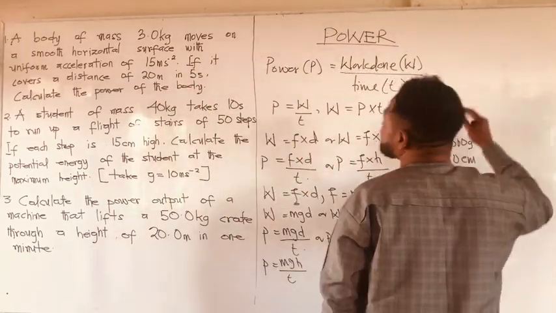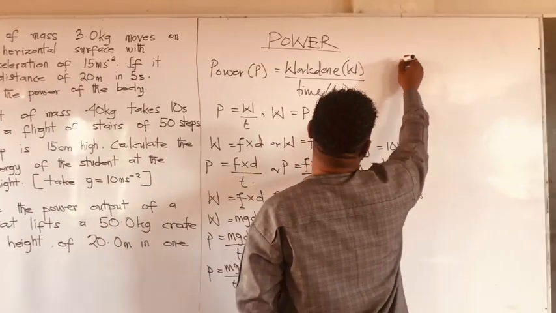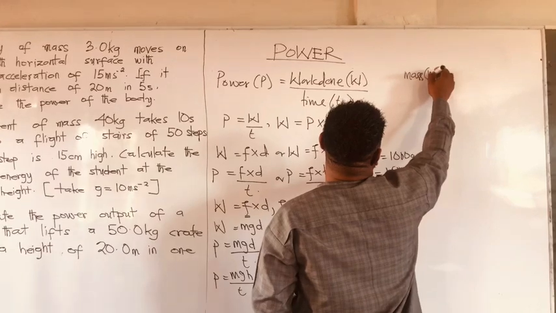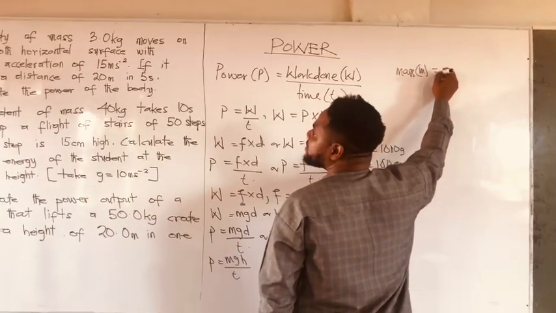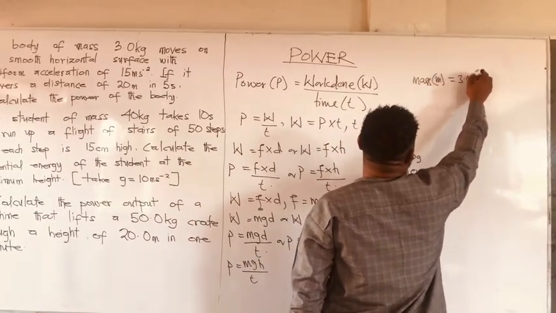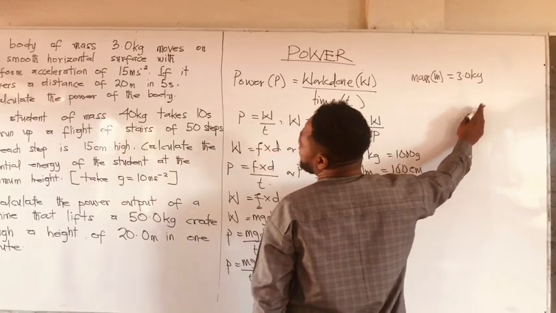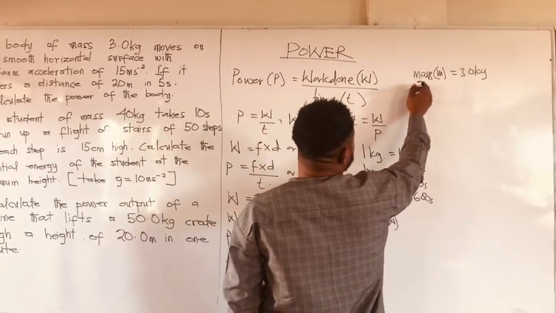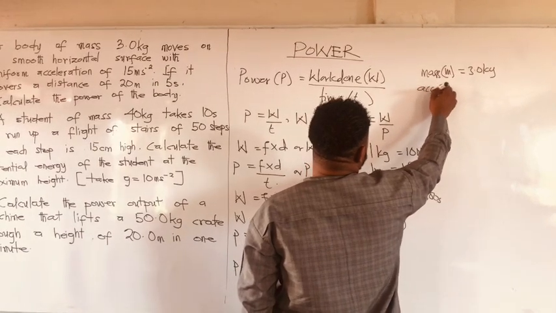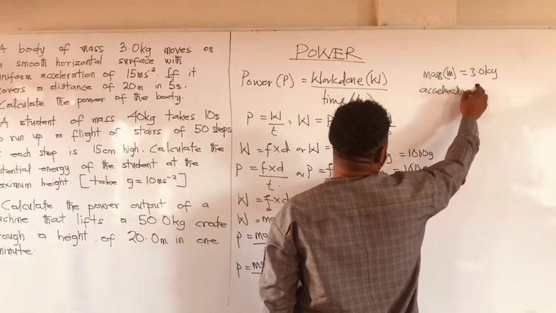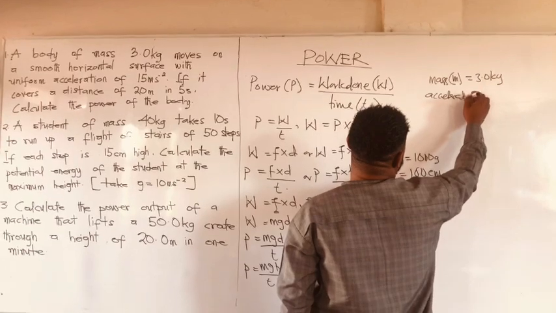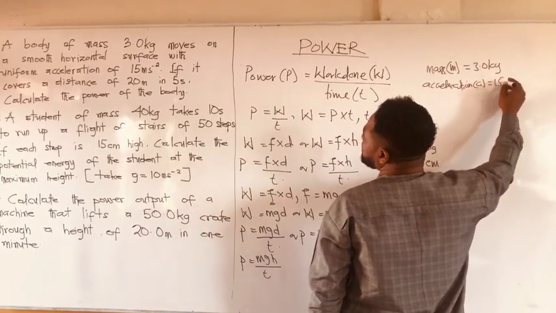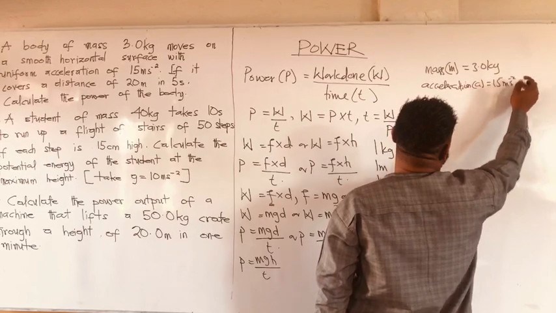From question 1, you see that the mass of the body is given. So we have the mass of the body, which is M, and that is 3.0 kilogram. Again, when we read the question, we also have the acceleration. And this acceleration on the board is different from acceleration due to gravity. So acceleration, which is A, is 15 meters per second square.